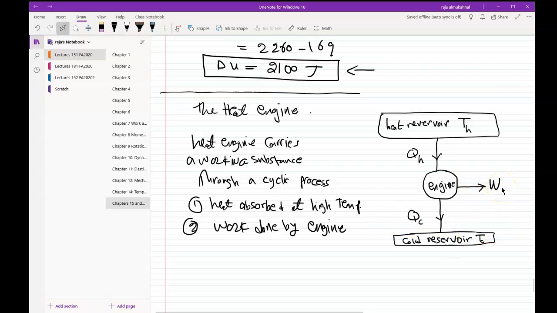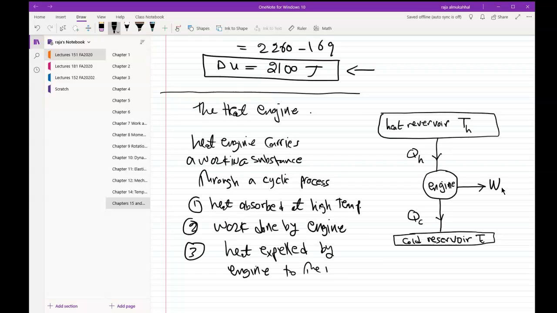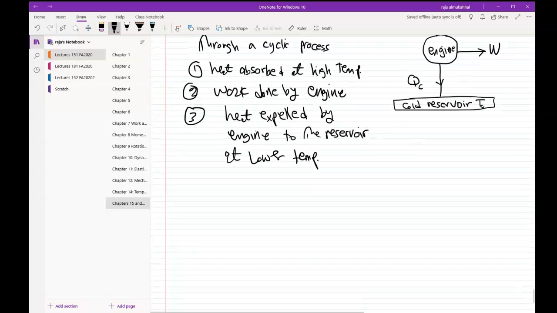And the third one, heat is expelled by the engine to the reservoir at lower temperature. That's basically how the heat engine operates. You got that? All right.